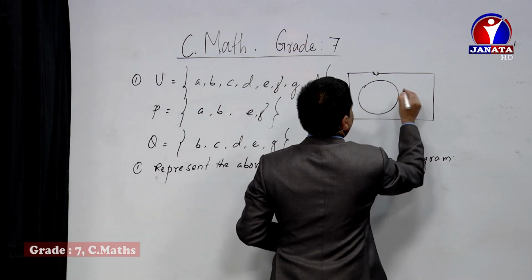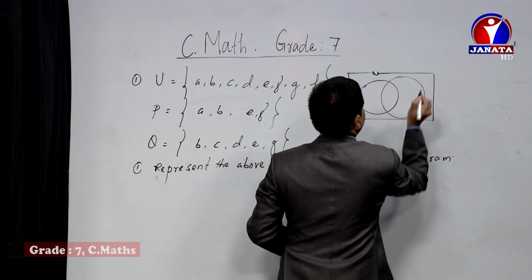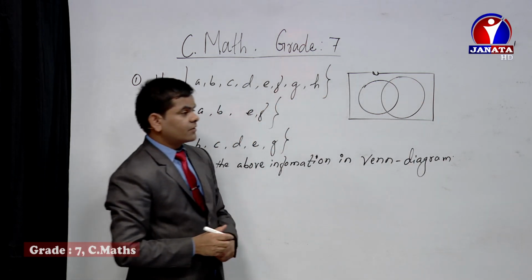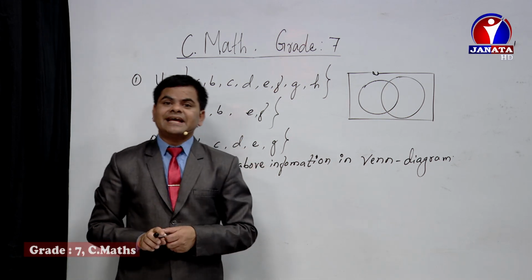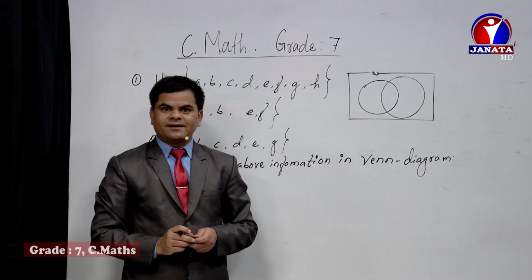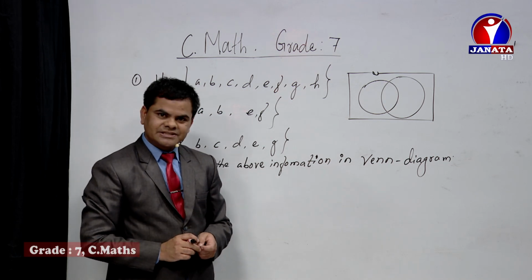So let's prepare the circle. One, another. Because we are making intersected circles, there are some common elements in between the two subsets of the universal set.